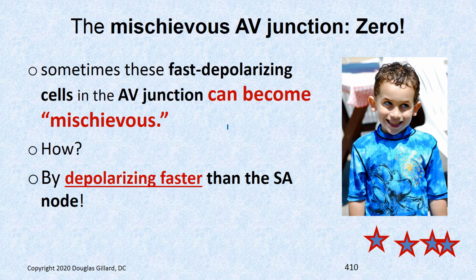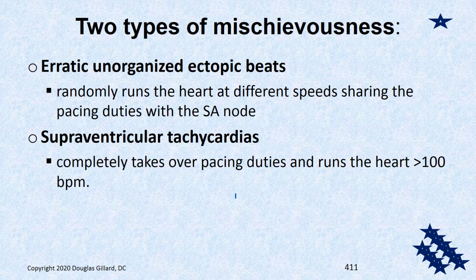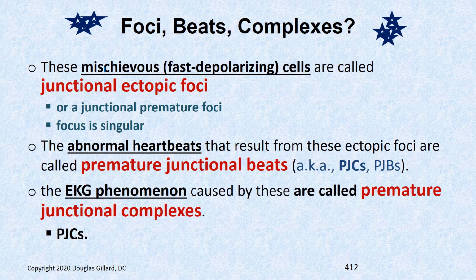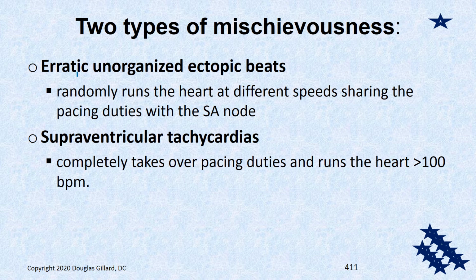So sometimes these fast depolarizing cells can beat the SA node to the punch when there's nothing wrong with the SA node, and they can take over. So there's two types of mischievousness. There's this dude, we'll call him Joe, who is erratic.